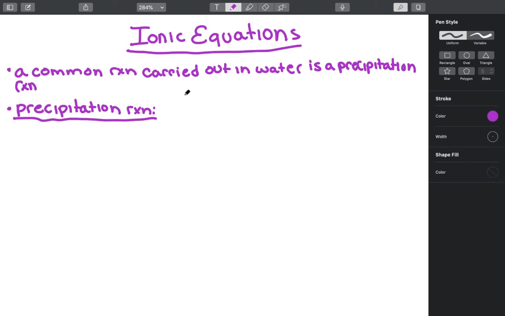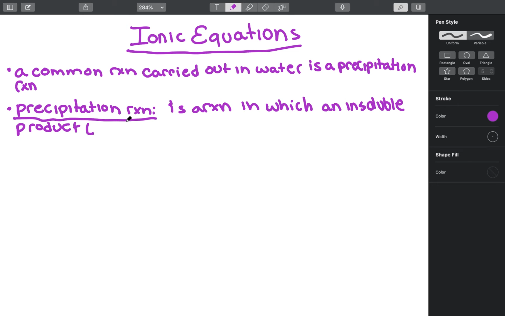A precipitation reaction is a reaction in which an insoluble product is formed, and this insoluble product is called precipitate.